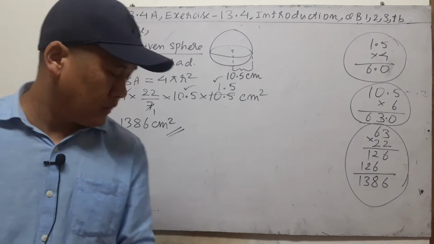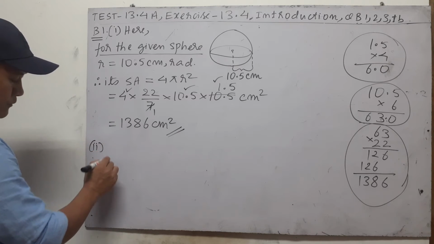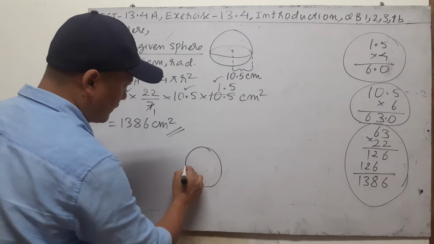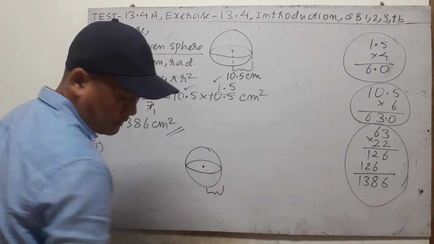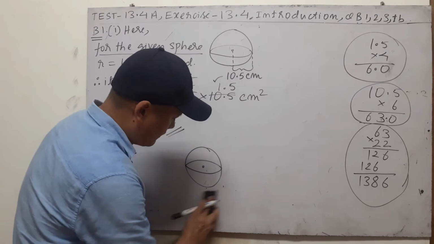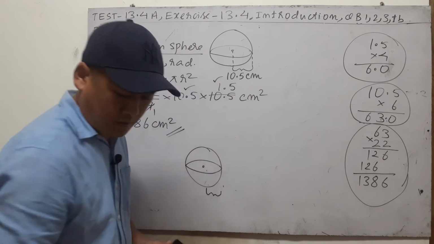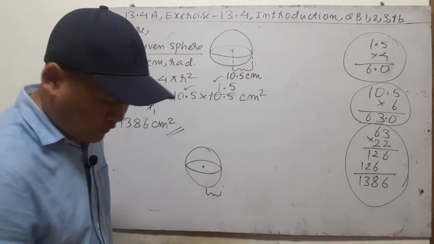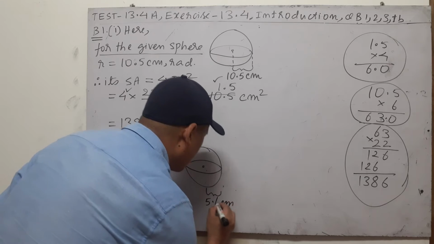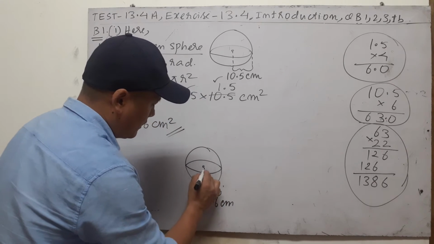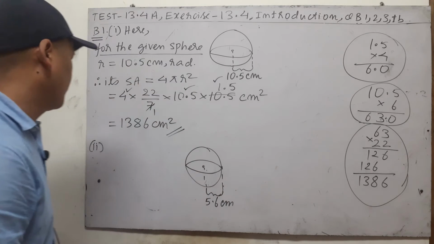First one. Number 2 is here. There is a sphere given to us, and in each case the radius is given. So the radius in this case, as you can read the question, is given as 5.6 centimeter, from here to here, if you like to specify it.